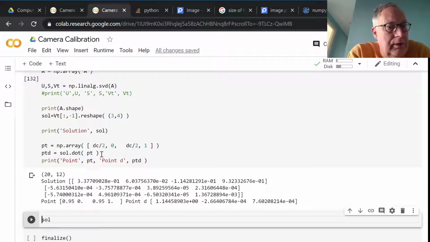So 0.95 centimeters, 0, and 0.95, 1 gives us 1.14, negative 266, 7.60.